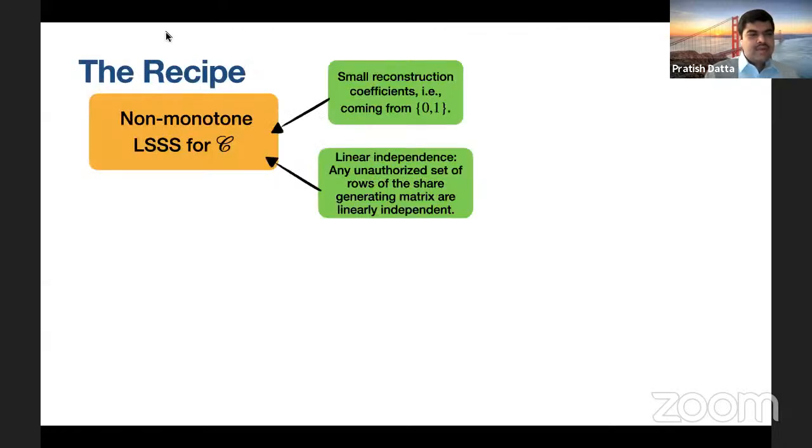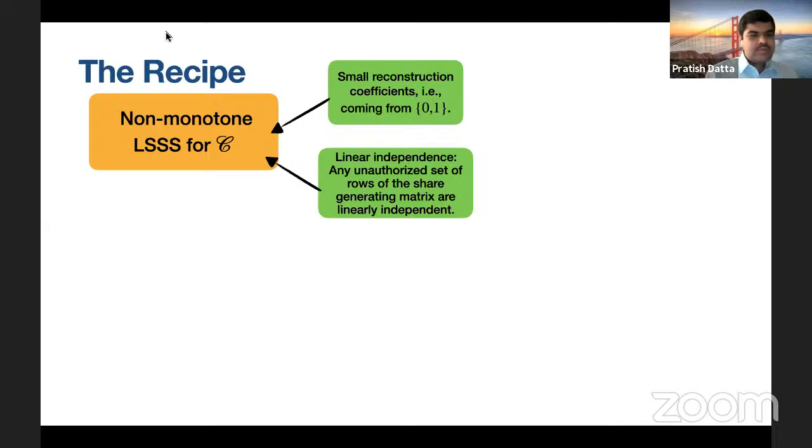So now I would give the high-level blueprint of our result. We first start with a non-monotone linear secret sharing scheme, or non-monotone LSSS, with two special properties. The first property is that the reconstruction coefficients are small in size, for instance, maybe coming from the set {0,1}.